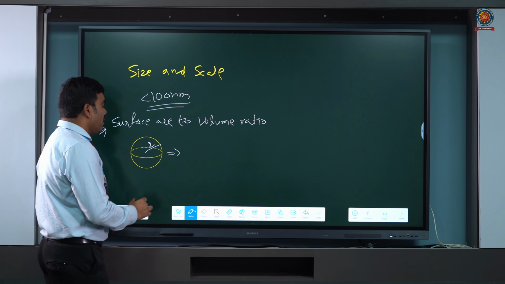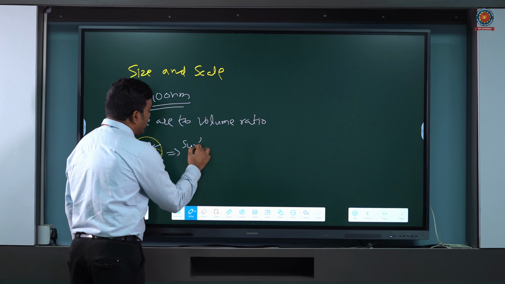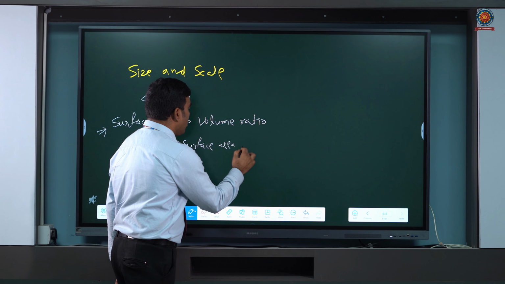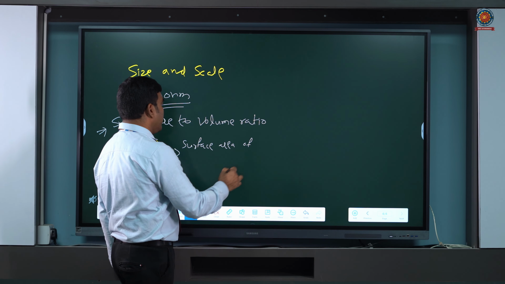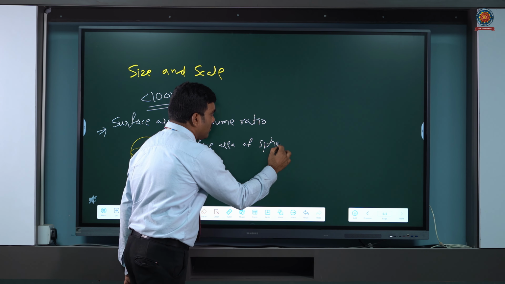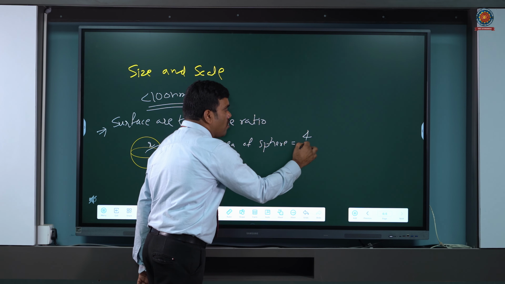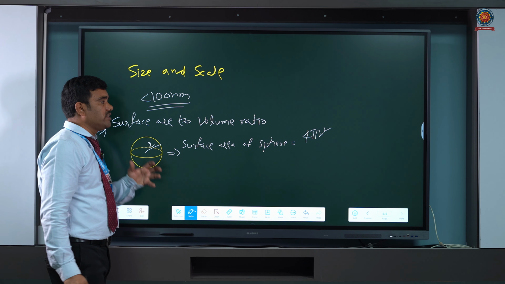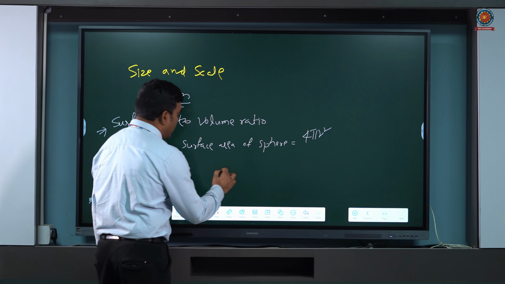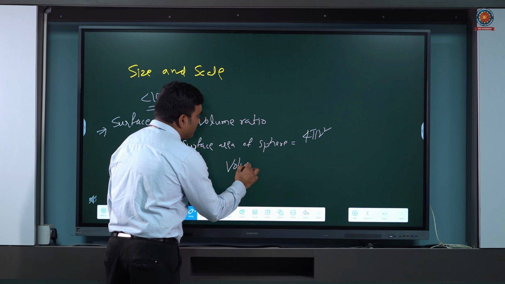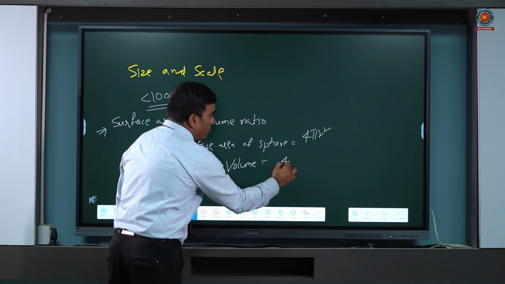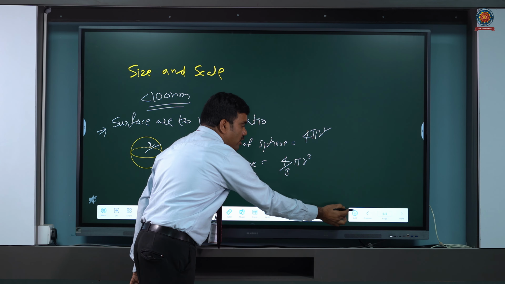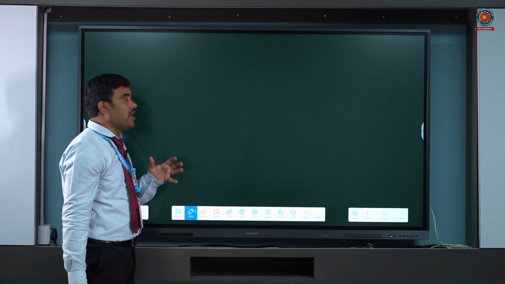Now the surface area of a sphere equals 4 pi r square. Then volume equals 4 by 3 pi r cube.